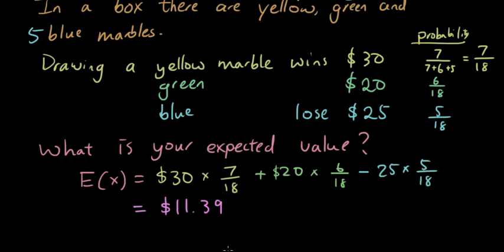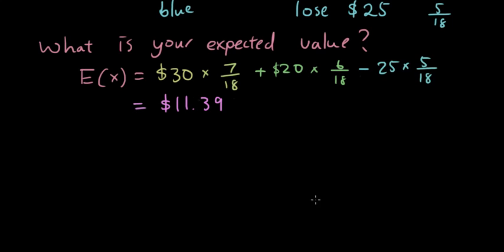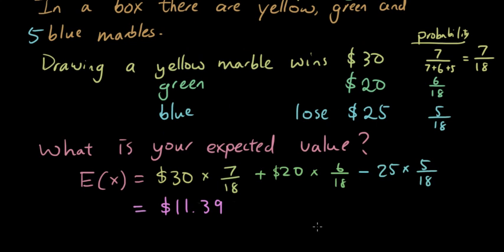That is your expected value. On average, you're going to win this amount per game. I forgot the minus because I forgot that you actually lose money if you draw a blue ball, not win money. Okay. So there's not much more to expected value than that.